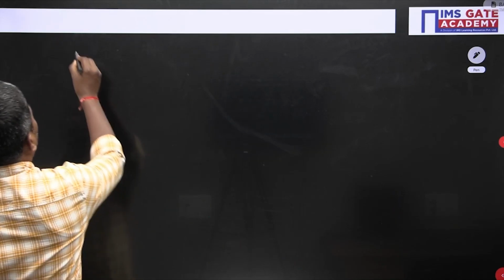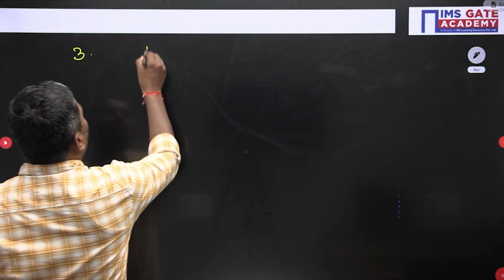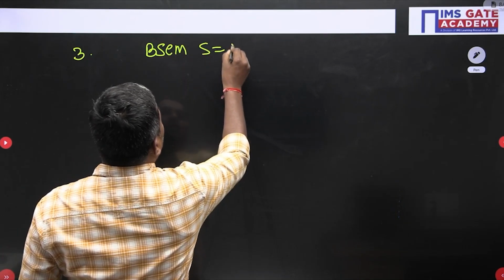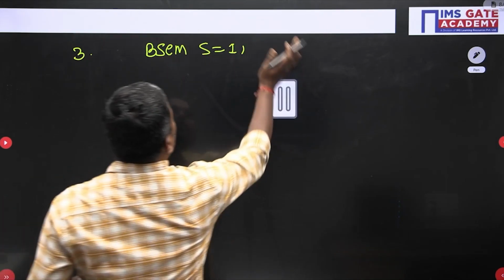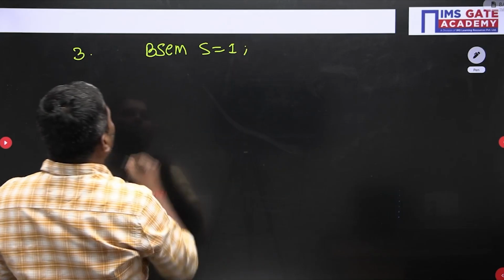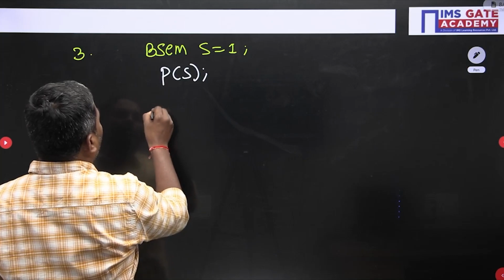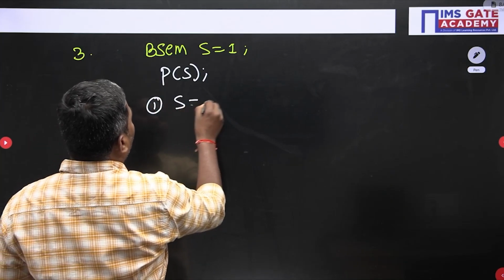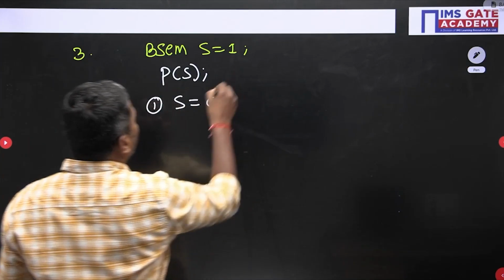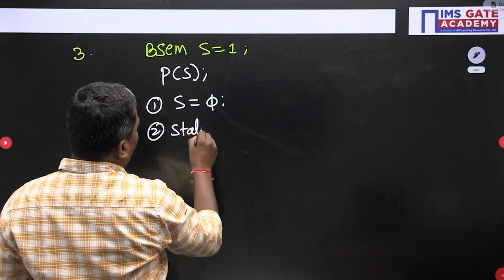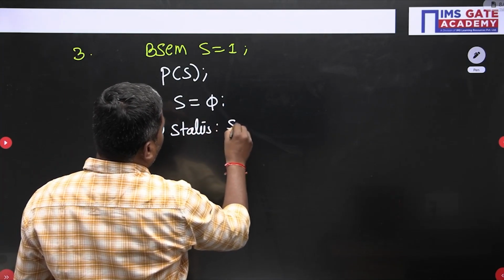Point number 3. Binary semaphore S equal to 1 initially. I perform the down of S, P of S means down of S. The first thing to note is that the S value becomes 0. Second, the status of the operation is again a successful operation.